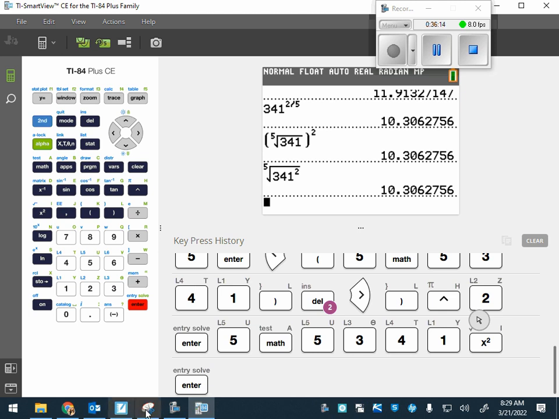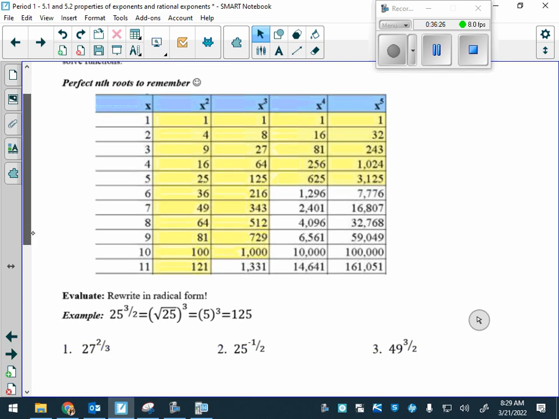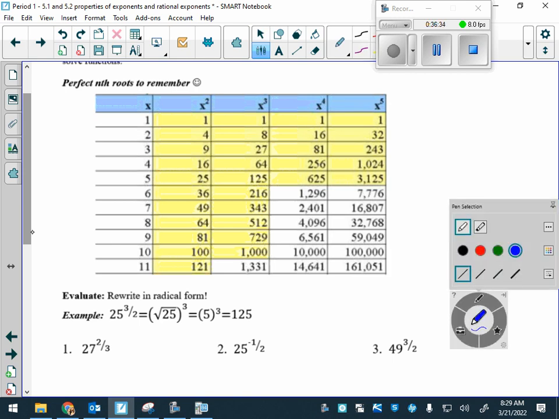However, the next chart will become your best friend. Okay? These are the perfect roots to remember. All of your square roots are this first column.